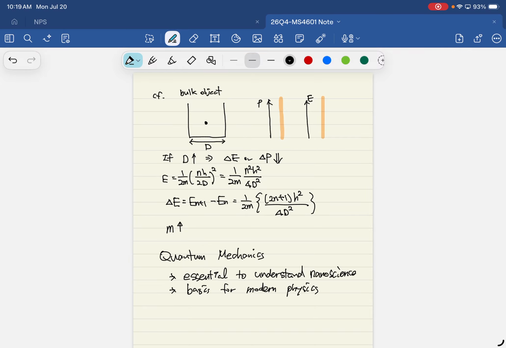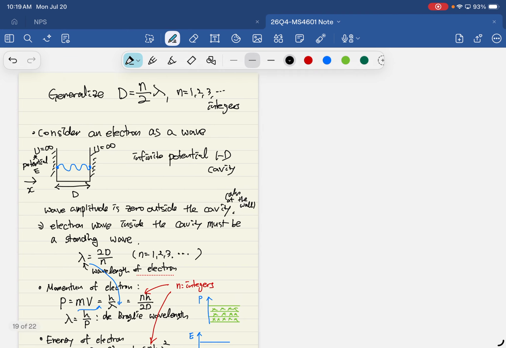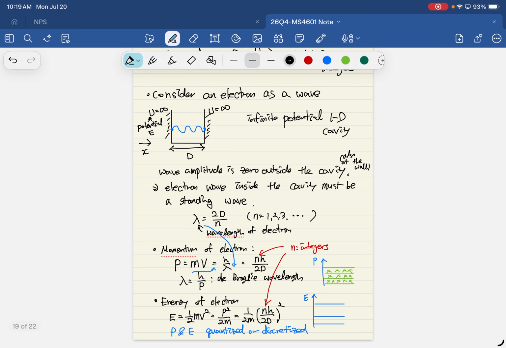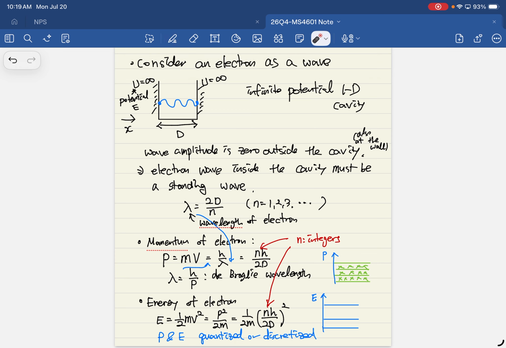Okay, and later on we are going to get into this, but generally, when you notice Planck's constant in any equation, that means it has some quantum mechanical character. Okay, so we are going to get into that, and that is essentially why we have this h even in the de Broglie wavelength, right?